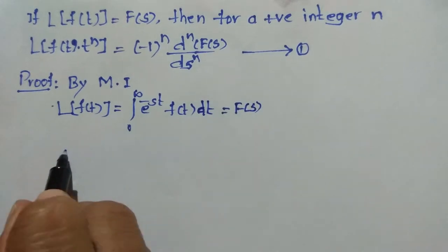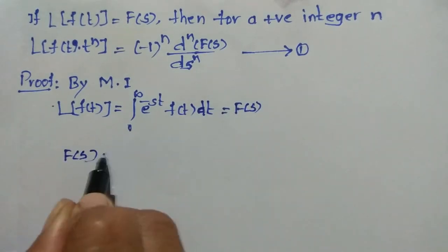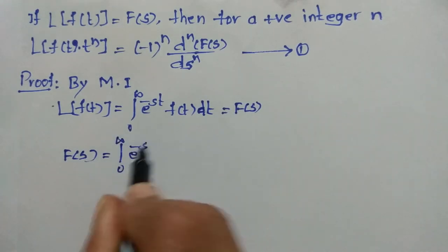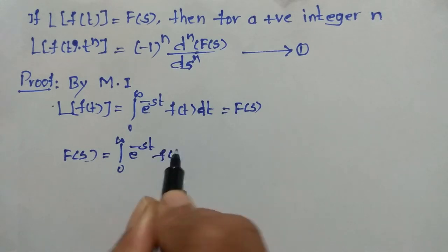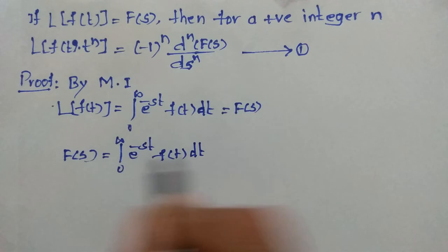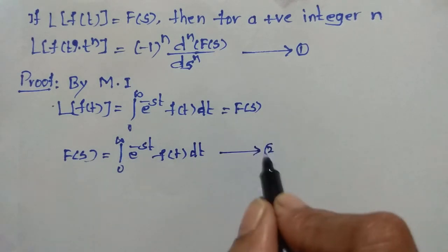Or you may write it as F(s) is equal to the integral from 0 to infinity of e raised to minus st f(t) with respect to t.